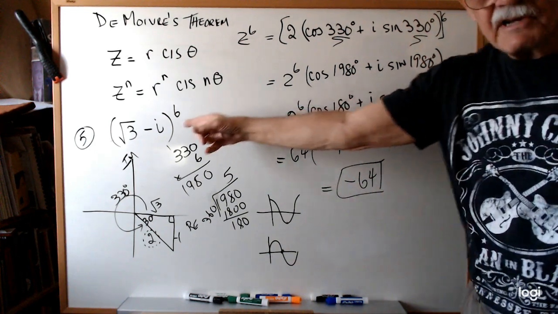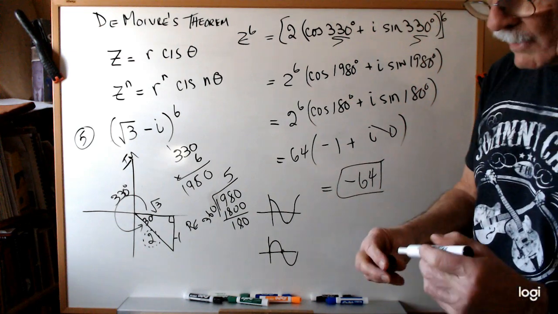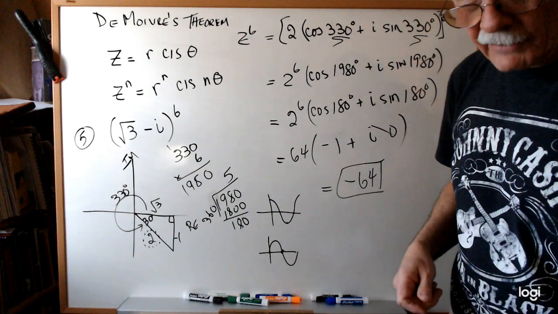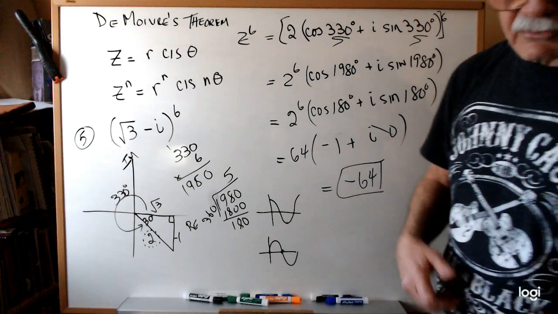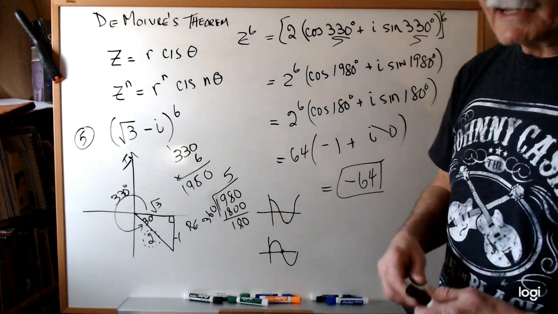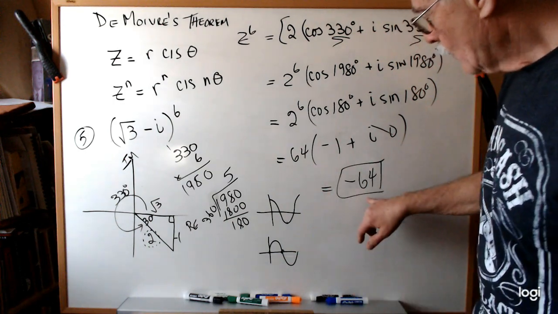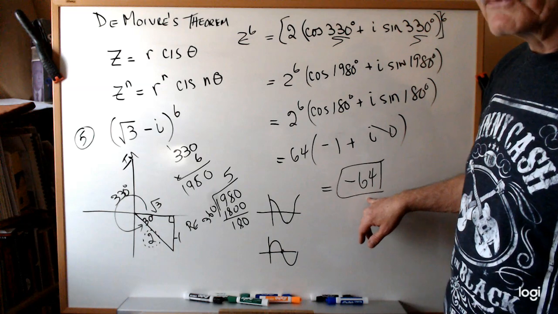So this crazy thing raised to the 6th power, which would be really, really hard to do by hand, you could do it on the calculator. But the instructions would say, do it using DeMoivre's theorem, and then put it in some sort of standard form. That would just be negative 64.